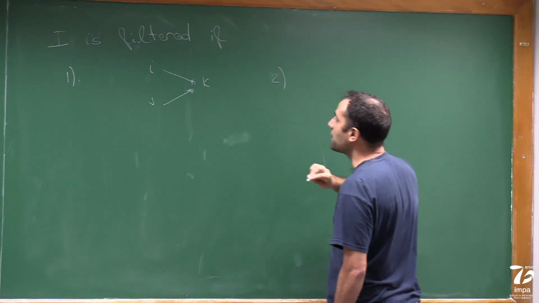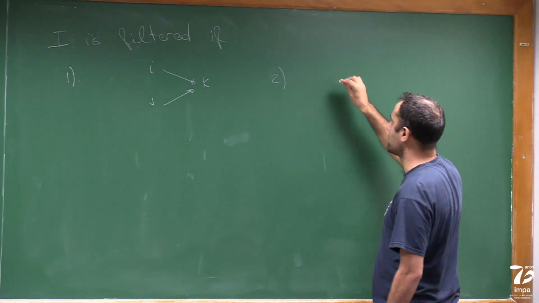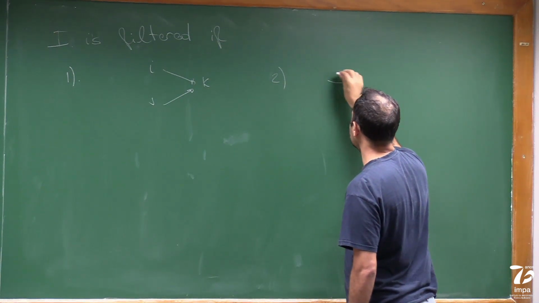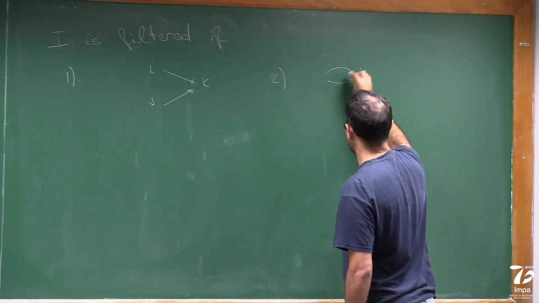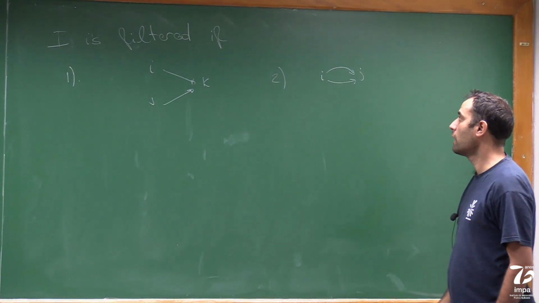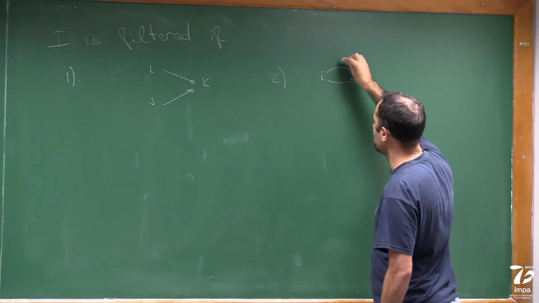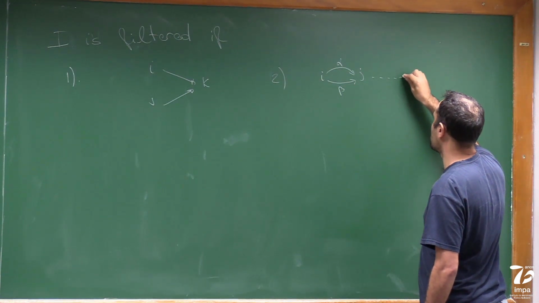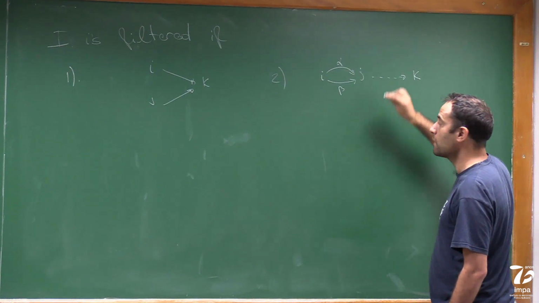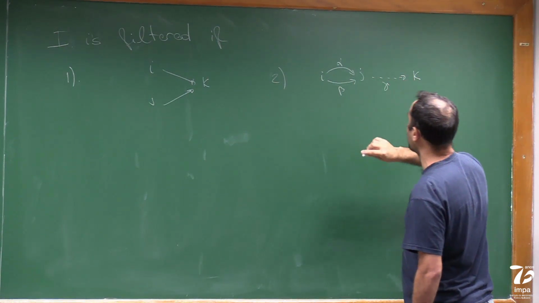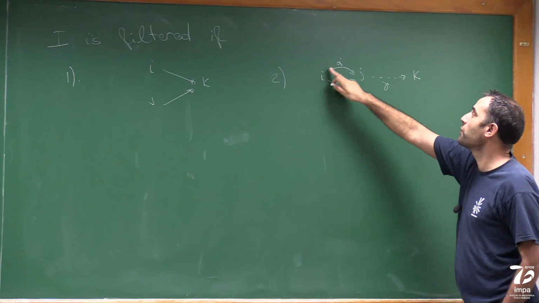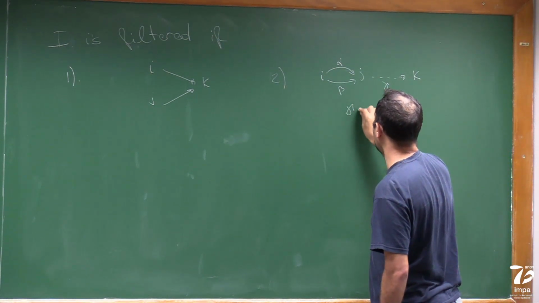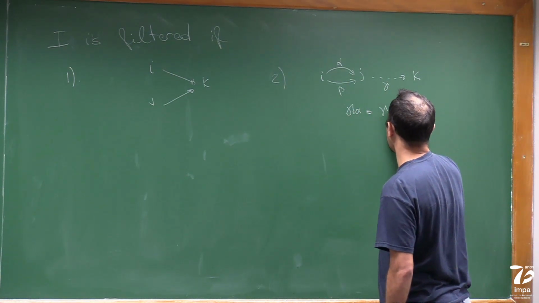Now, the second condition is going to be completely automatic for partially ordered sets. If I have two arrows between the same objects, let's say alpha and beta, then I will require that there exists a third object, k, and an arrow gamma from j to k, such that gamma composed with alpha is equal to gamma composed with beta.